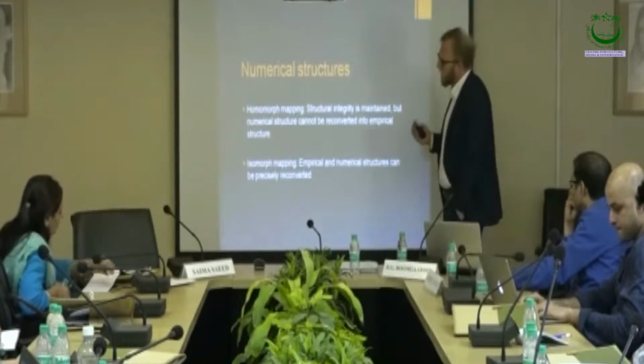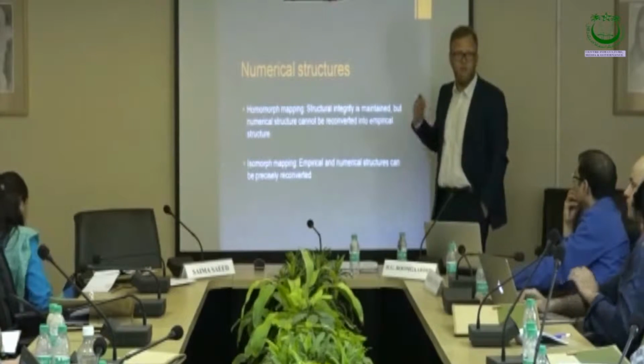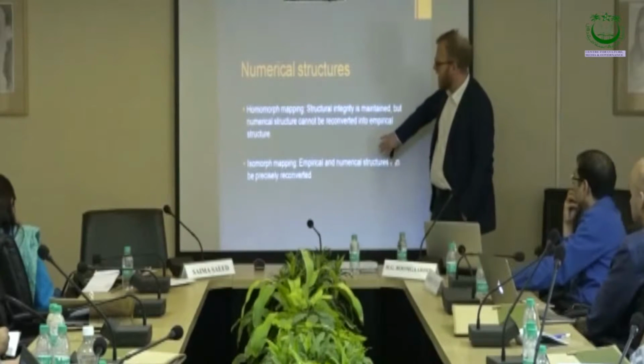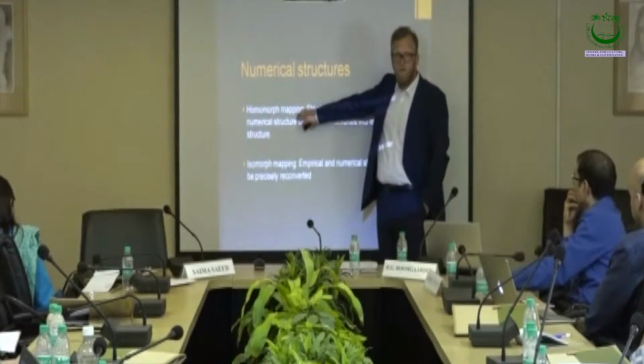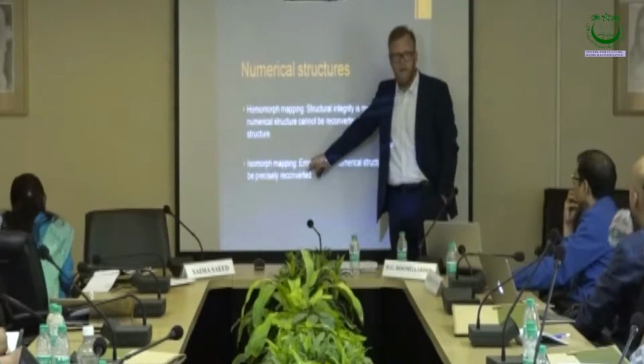Just quickly, because it belongs here in a way, these numerical structures or systems or maps could have 2 different qualities. One is a homomorph mapping or homomorph structure, the other is an isomorph structure.